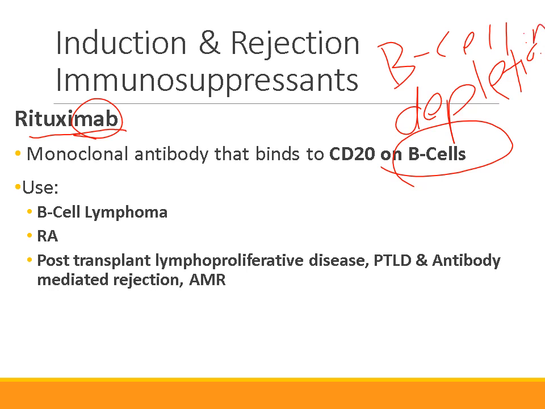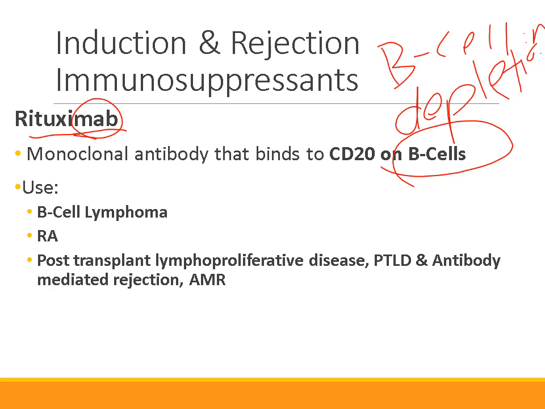And because this prevents B cell activation, B cells don't mature into plasma cells that would produce antibodies. So it prevents that kind of antibody formation.